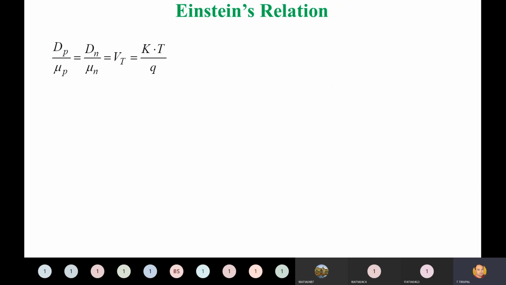Let's go to another topic, which is called Einstein's relation. You might have heard about Einstein's relation. At constant temperature, the ratio of diffusion constant of holes, Dp, to mobility of holes, mu p, is a constant.